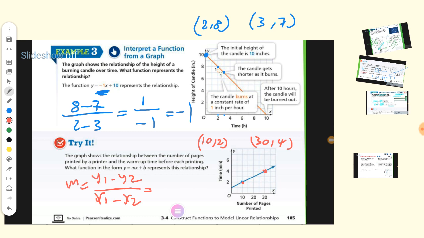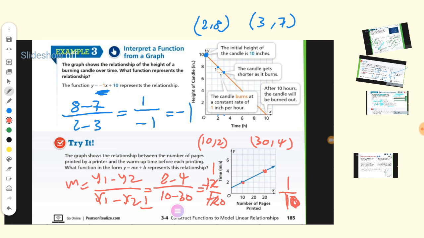So it's 2 minus 4 over 10 minus 30, equal negative 2 over negative 20. Negative divided by negative is positive, so it's 1 over 10. The slope is 1 over 10.